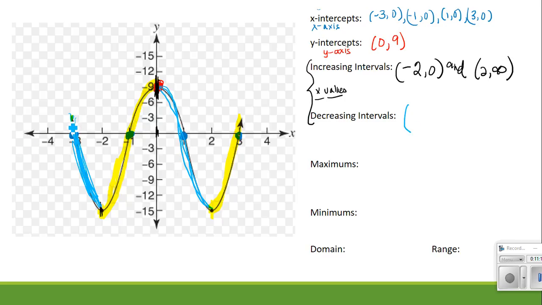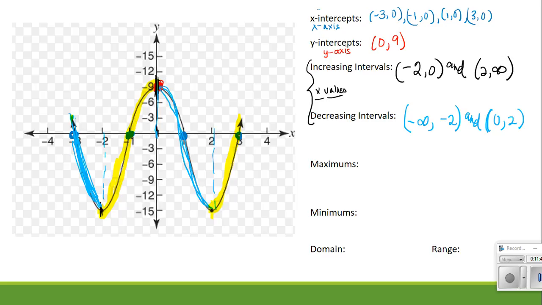If you close your domain, you'd run into an arrow, so -infinity until what x value? Well, that would be -2, and from 0 to 2. So we've got decreasing intervals, increasing intervals.